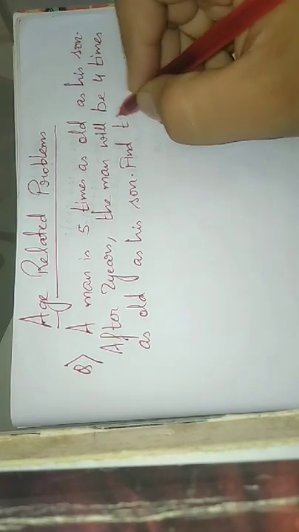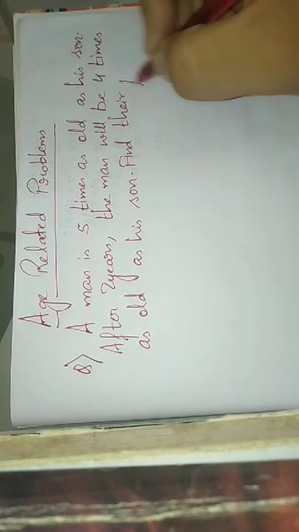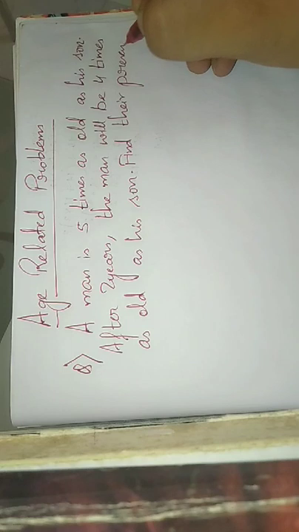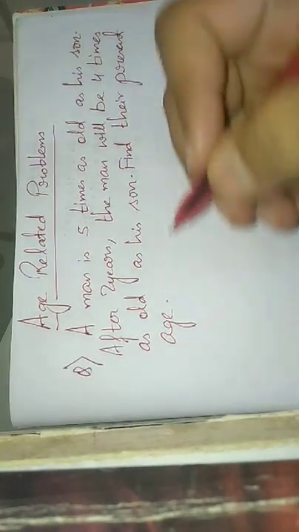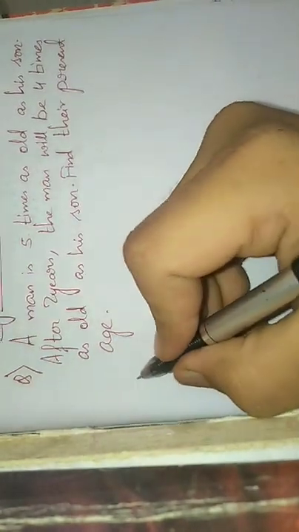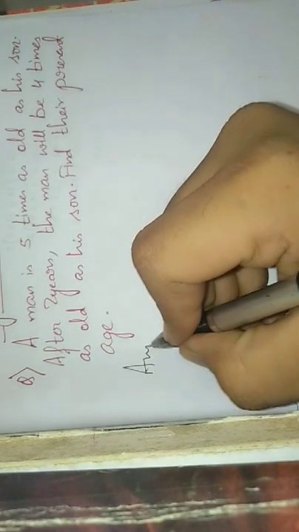You need to find the present age of the man and the son. This question can be for maximum 2 marks in your exam. It's a small question. So how will you proceed?